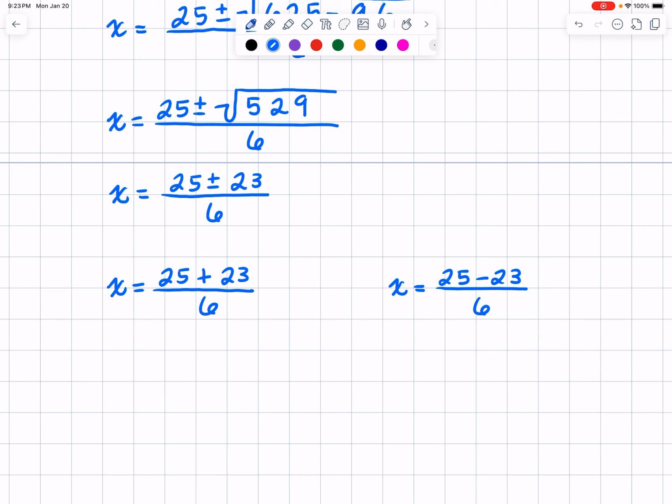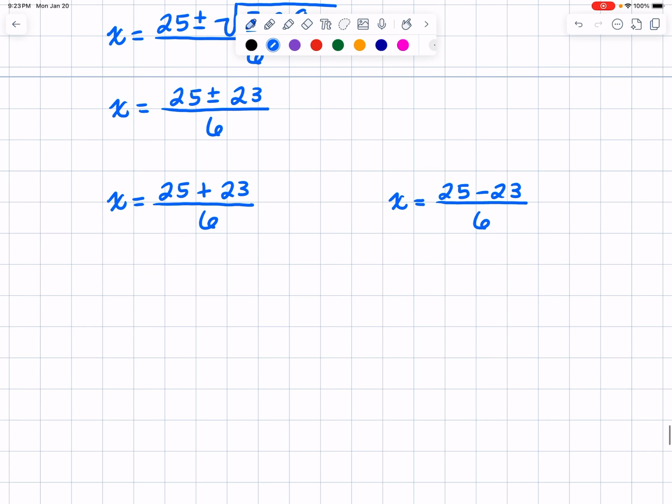Let's start with the left situation. So 25 plus 23, if you put that into your calculator, you will get 48. So we have x equals 48 over 6. 48 over 6 reduces to x equals 8. So our first answer is x equals 8. And we'll box that in.